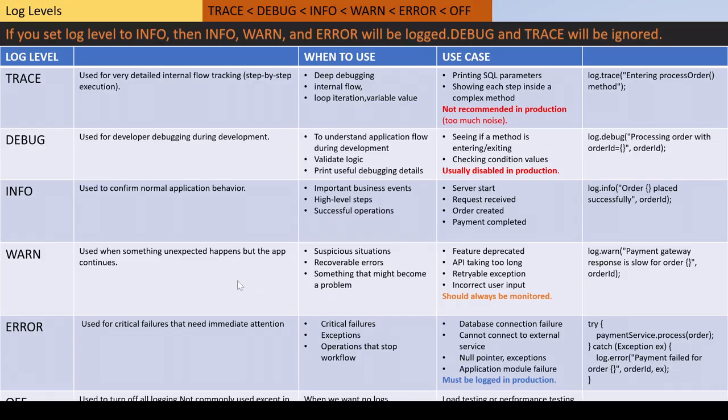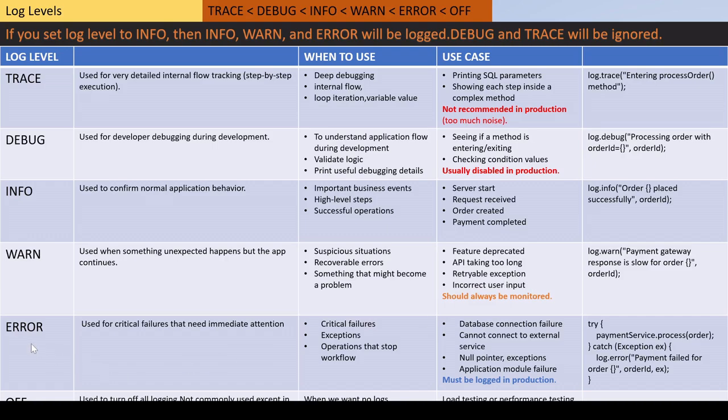The user ID is deactivated for some time or paused for some time. Suspicious or unrecoverable error, something that might become a problem: feature deprecated, API taking too long, retriable exception, incorrect user input.